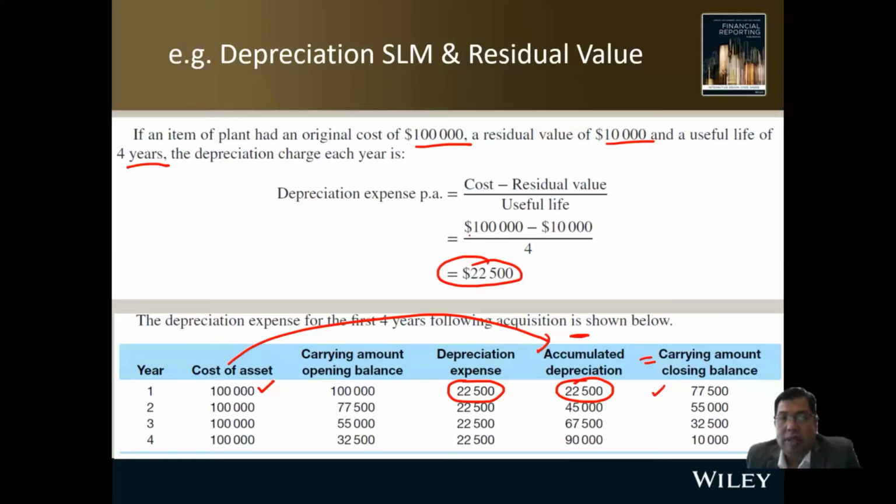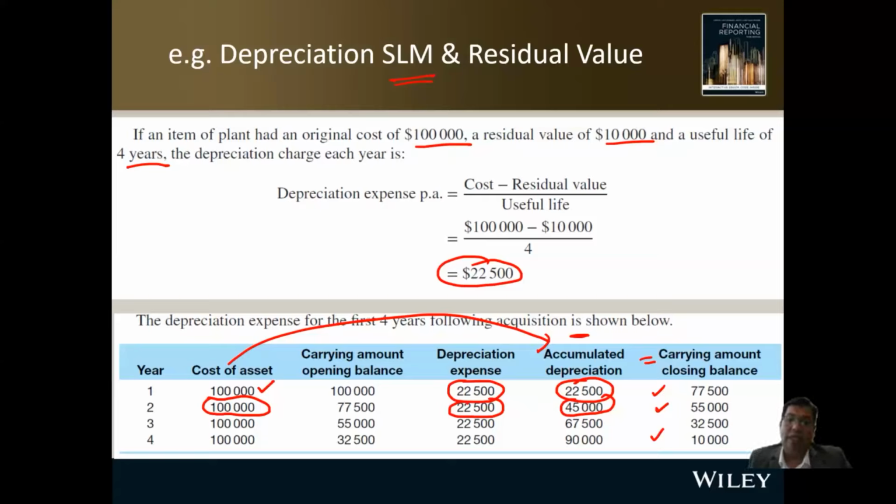For the second year, since we are using the straight line method, next year the depreciation is still 22,500. So our total accumulated depreciation becomes 45,000. From your 100,000 cost of asset, 45,000 is already depreciated, so the carrying amount is only 55,000. This continues until at the end of year 4, the carrying amount will be 10,000.